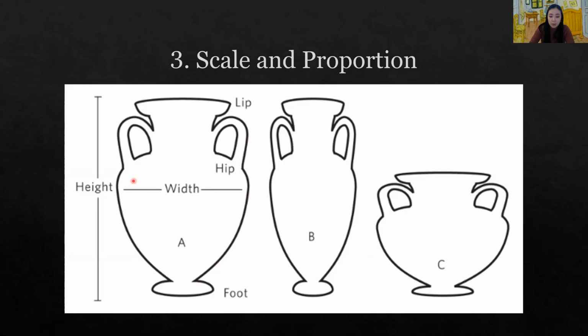A shows a profile of a Greek vase. If we change the width like B, or if we change the height like C, the overall proportions change. Each of these vase profiles communicates a different feeling simply because the ratio of height to width is different.